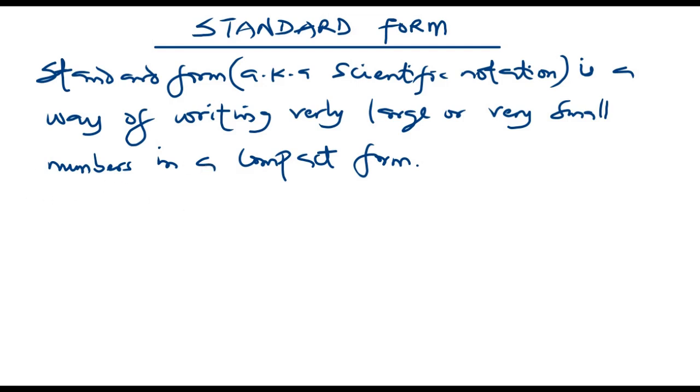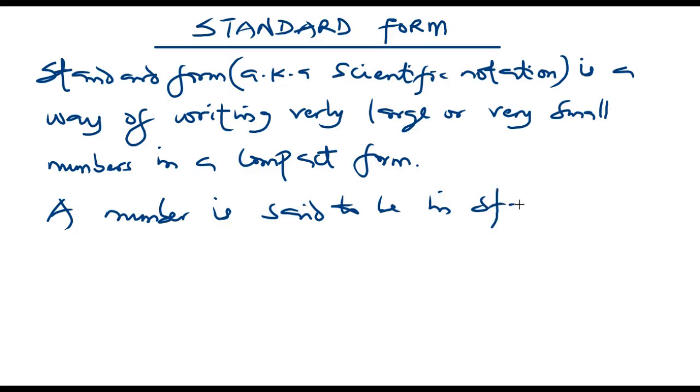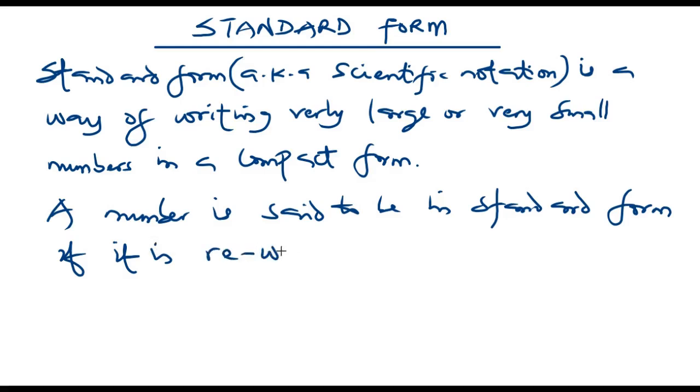So what does standard form look like? A number is said to be in standard form if it is rewritten in the form a times 10 raised to power n.